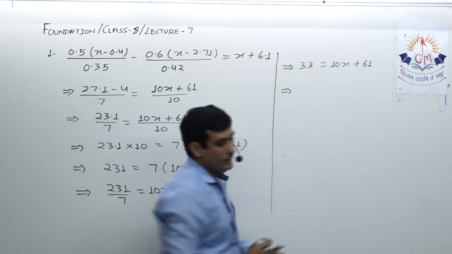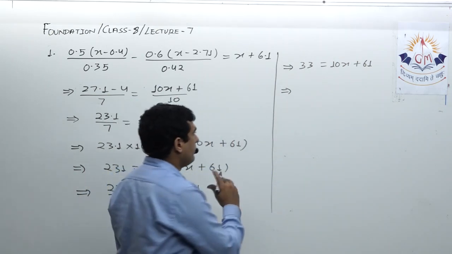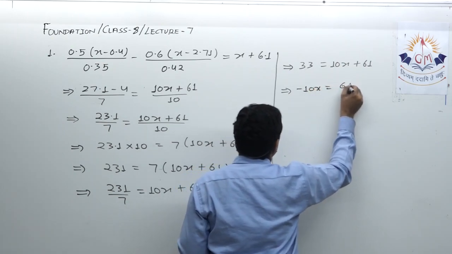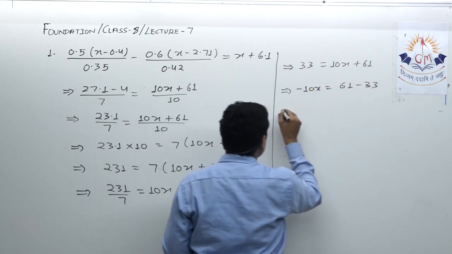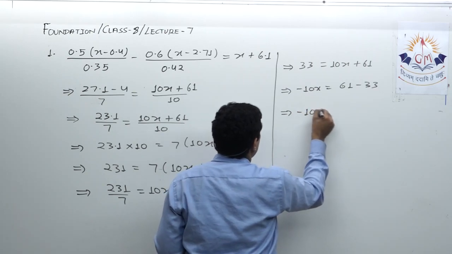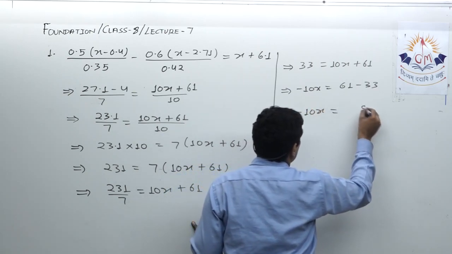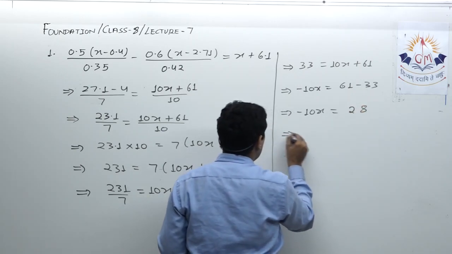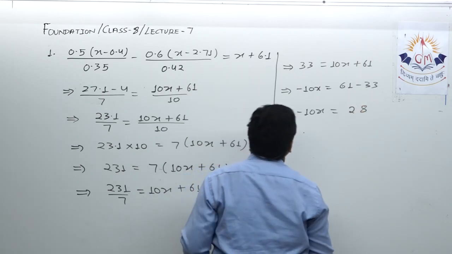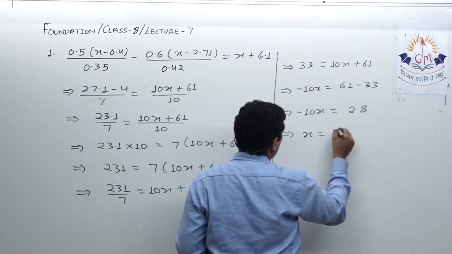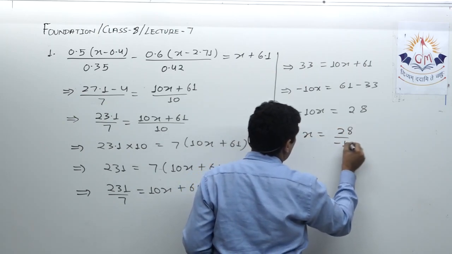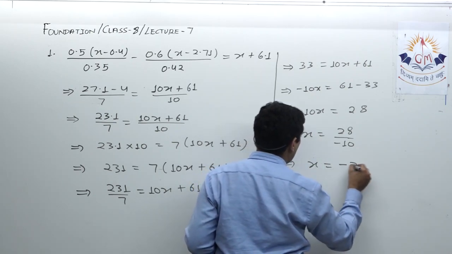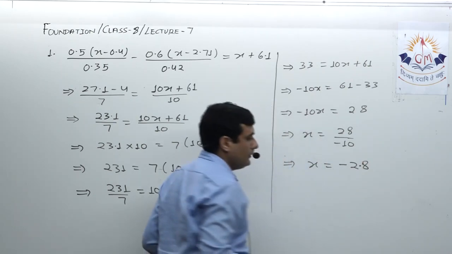Now next I will take this 10x on that side, that is minus 10x is equal to 61 minus 33. So minus 10x is equal to 28. So x is equal to 28 upon minus 10. So ultimately I can say x is equal to minus 2.8.